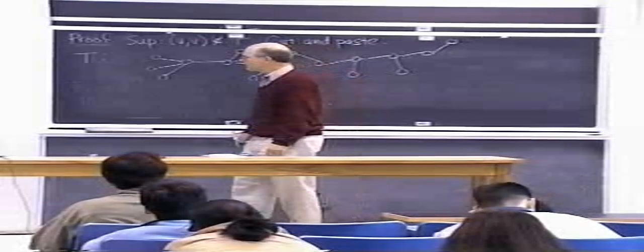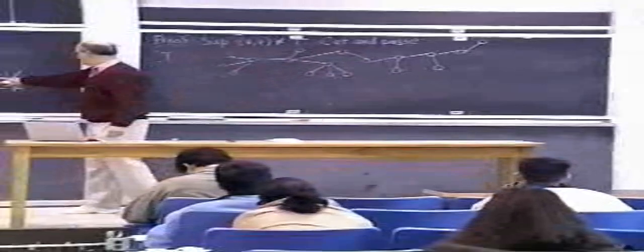Okay, so first of all, we have to pick a subset to be in A. So these guys are going to be in A. Here's one, and here's one.